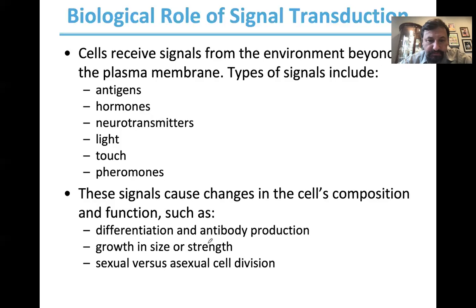Antibody production, growth and size and strength, sexual versus asexual cell division. So lots of different functions will undergo change.